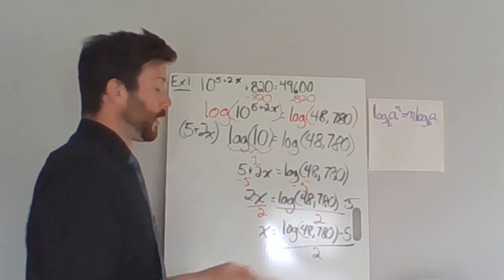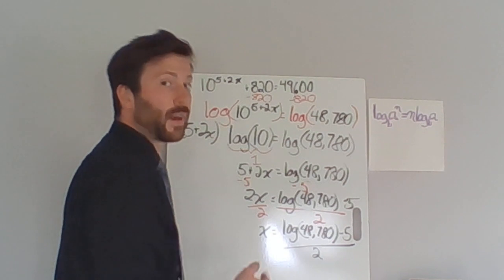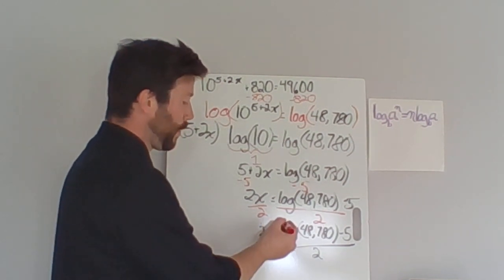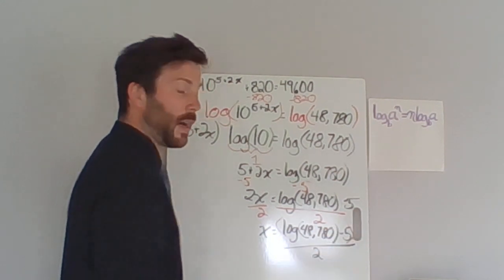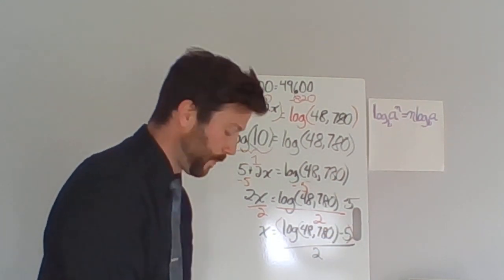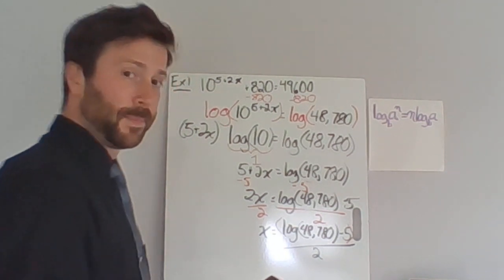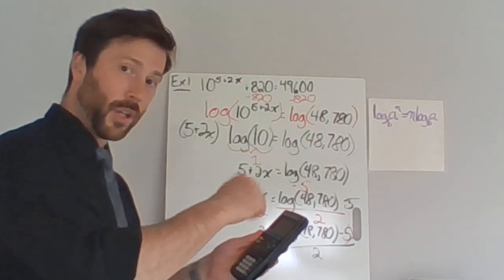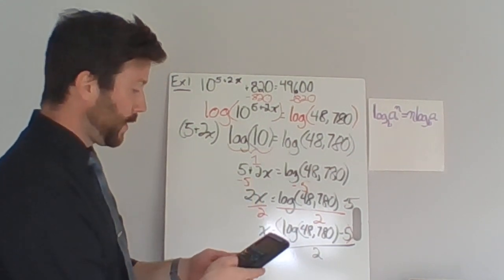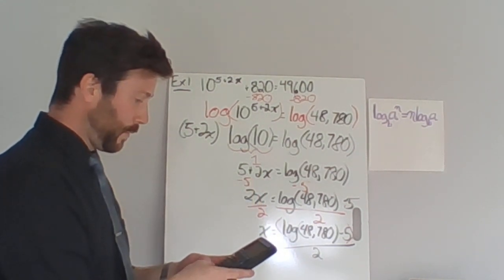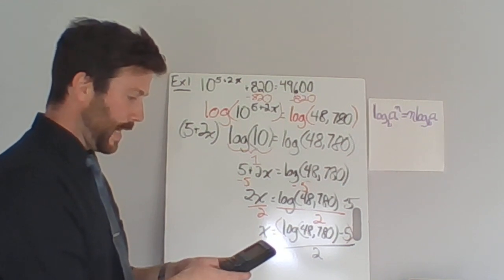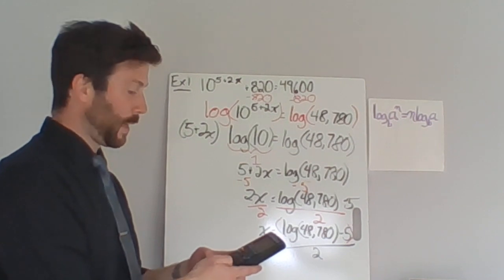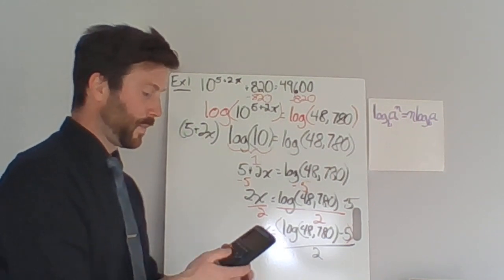Now when we go to the calculators, we need to keep in mind this division bar says divide, but it also says group. So I need to put parentheses around this whole top. Otherwise, we will get the wrong answer. So, calculator. I'll type it all in and then show you what the screen looks like. Parentheses, log 48,780, close one set of parentheses, minus 5, close second set of parentheses, divide by 2.